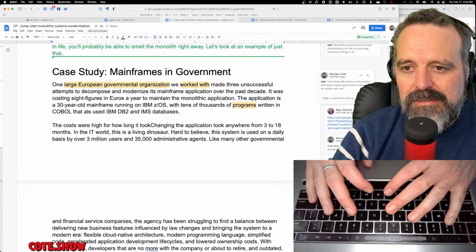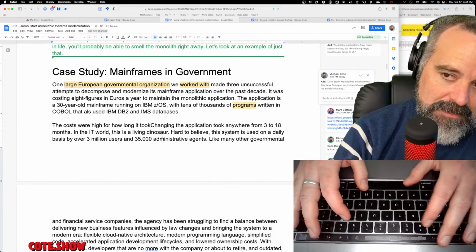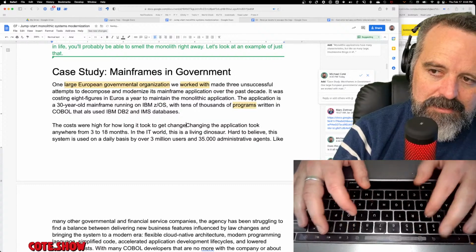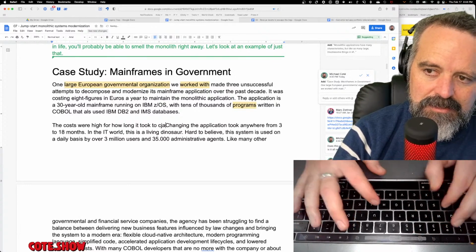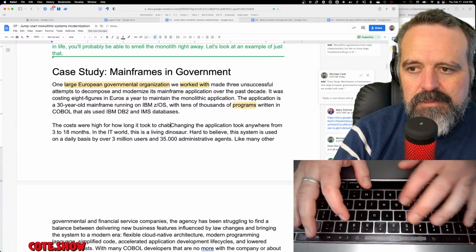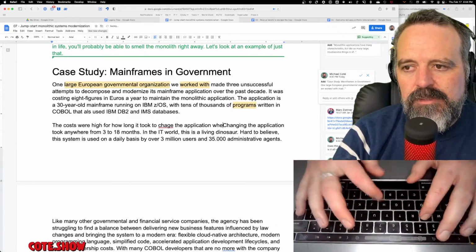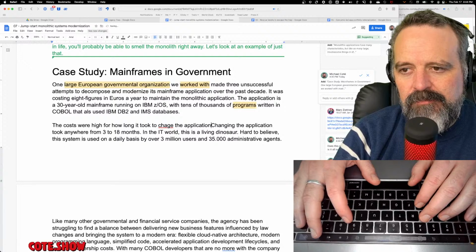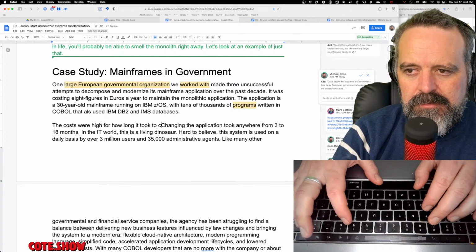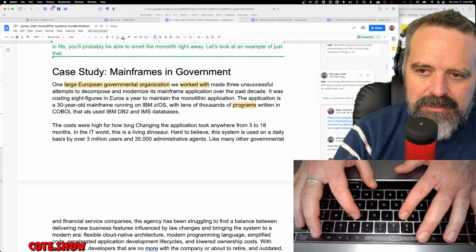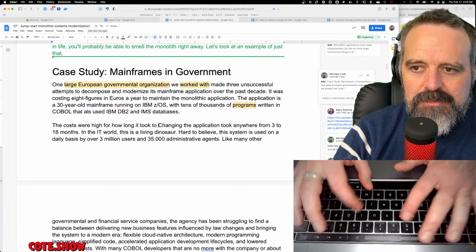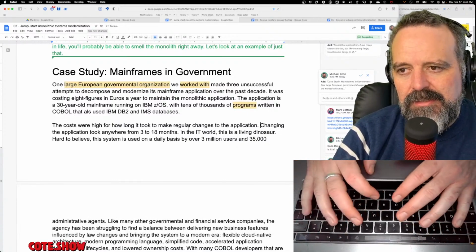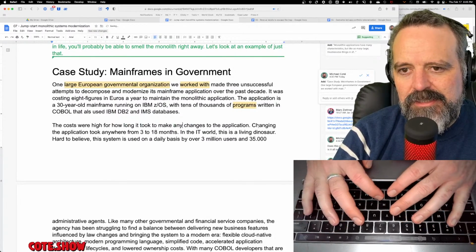The costs were high for how long it took to get change to application new. Wow, how long it took to make regular changes to the application. Any changes to the application.